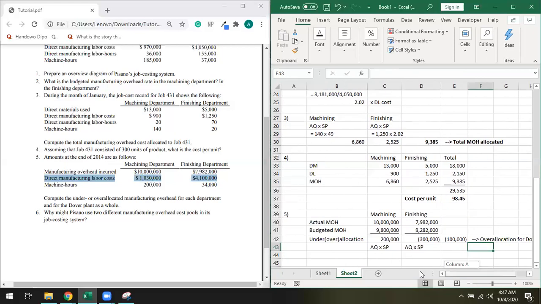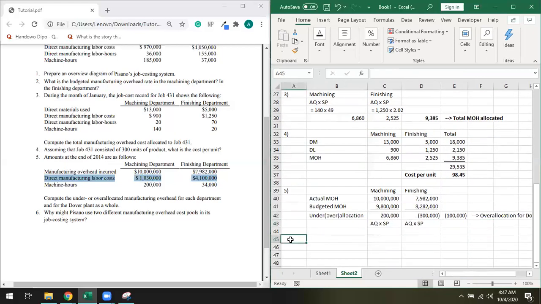Okay. Last but not least, number 6. Why might Pisano use two different manufacturing overhead cost pools in its job costing system? Okay, so actually, before we assign an item to be the cost allocation base for a cost pool, we have to first understand the cause and effect relationship between those two.